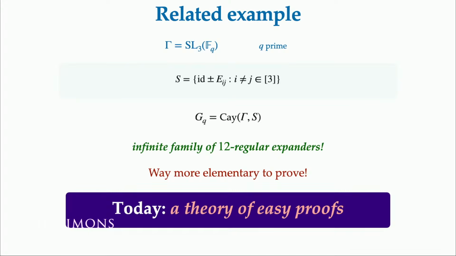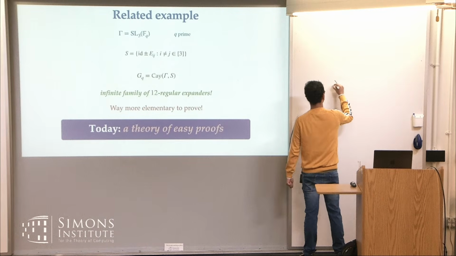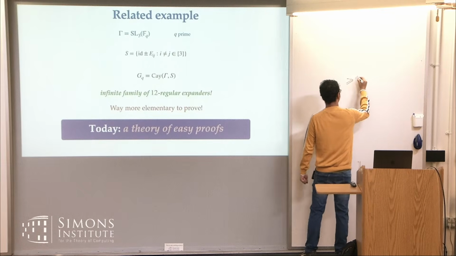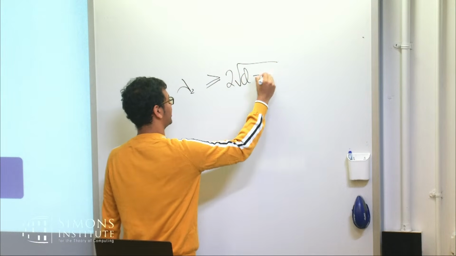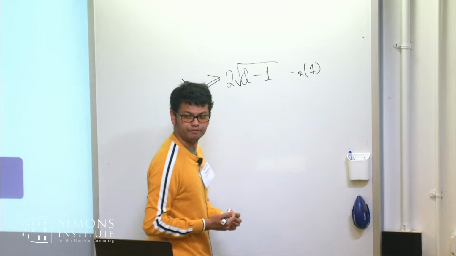Yeah, okay. So the way I interpreted the question of optimal is, let's say someone gives you a D and then asks you for a D-regular spectral expander. It turns out that this second eigenvalue is always larger than 2 square root D minus 1, minus a lower order term in the number of vertices.